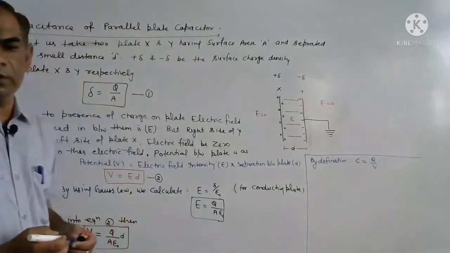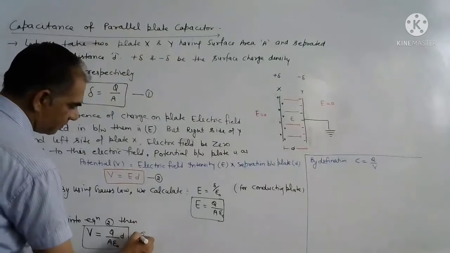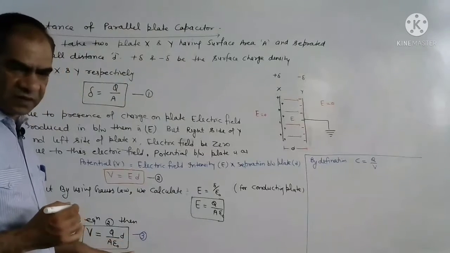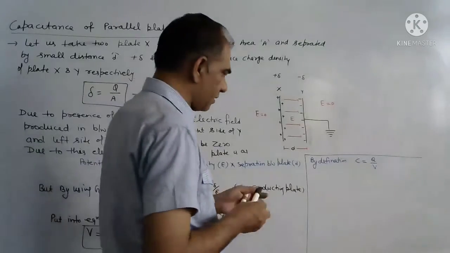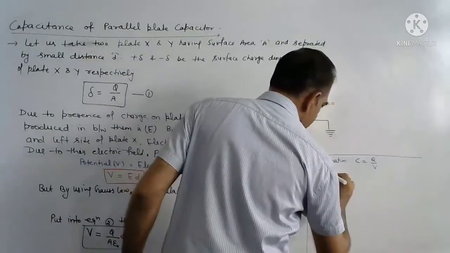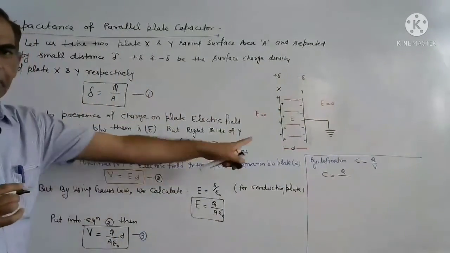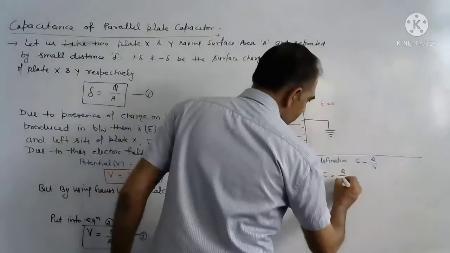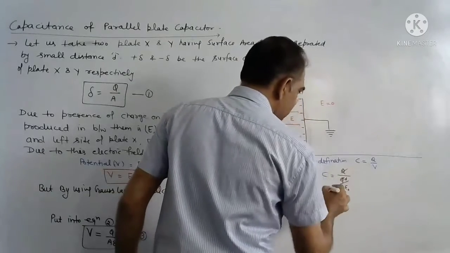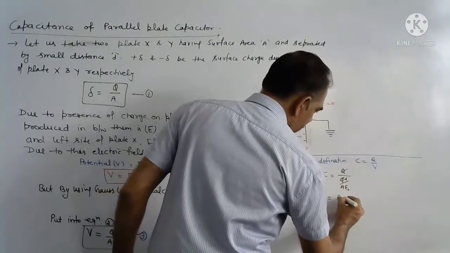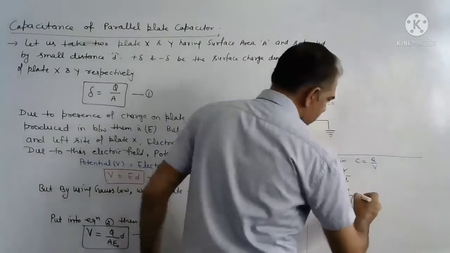This is the formula for capacitance, and we already calculated the value of potential, Q upon A epsilon naught into D. Put the value of potential from equation third here, it will be Q upon A epsilon naught into D. Q cancels Q and the capacitance becomes A epsilon naught upon D. This is the capacitance in vacuum.